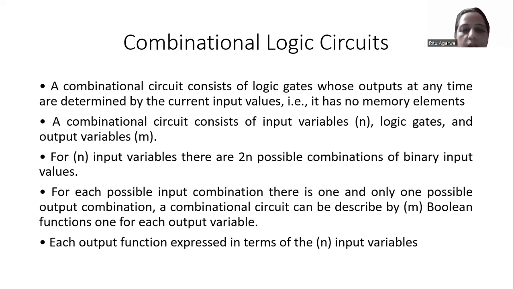So a combinational circuit can be described by m Boolean functions, one for each output variable, and each output function is expressed in terms of n input variables. Overall, a combinational logic circuit with n input variables gives 2 to the power n possible combinations of binary input values.